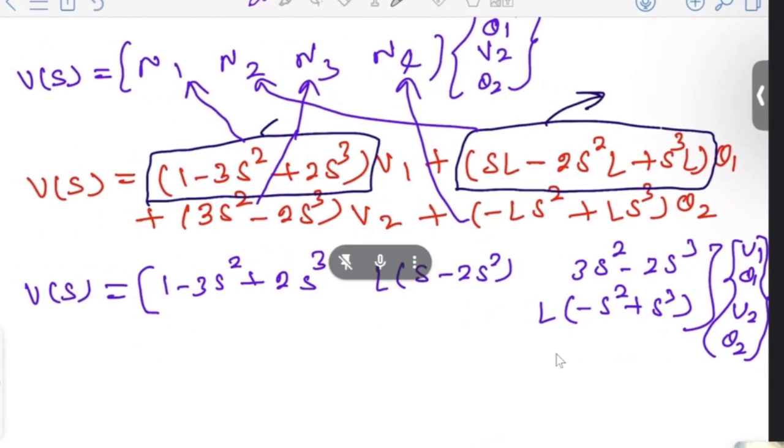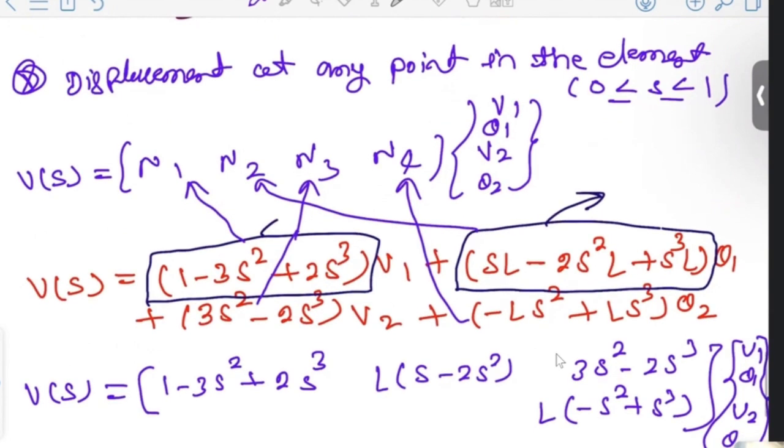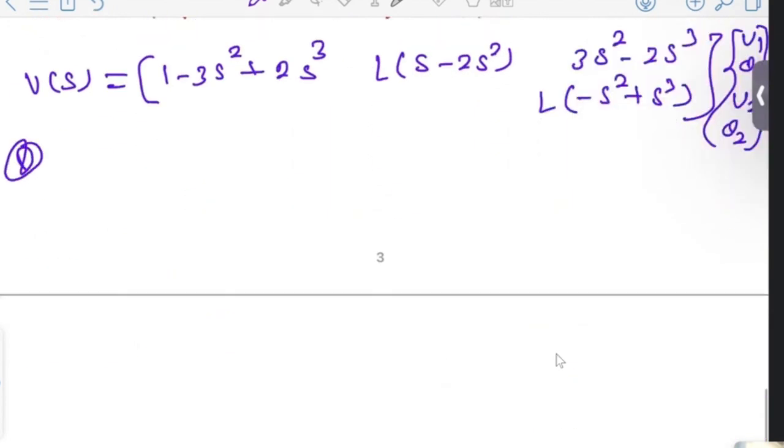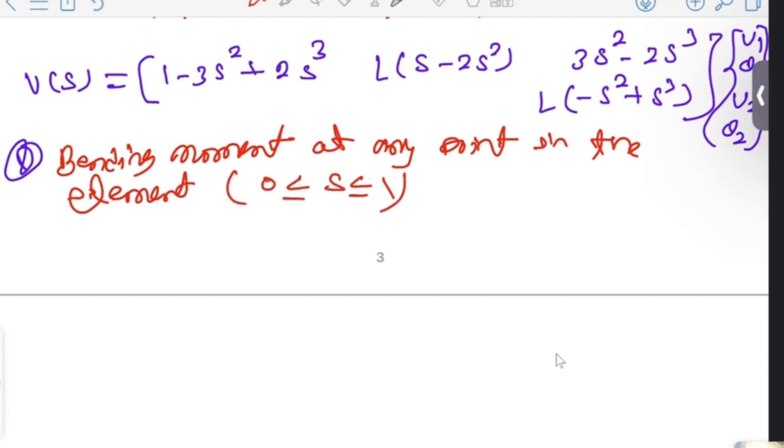Okay. So then similarly, bending moment at any point in the element, between 0 to 1. This is our range between 0 to 1. So what will be our bending moment?